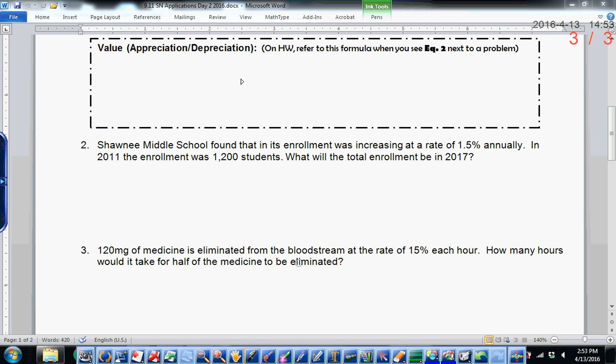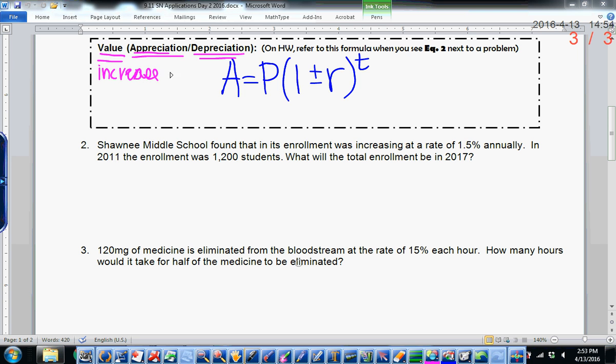Okay, so here's our appreciation depreciation formula. It's A equals P times 1 plus or minus r to the t power. All right, the key words are appreciation, depreciation, value, and then also the words increase and decrease. Okay?